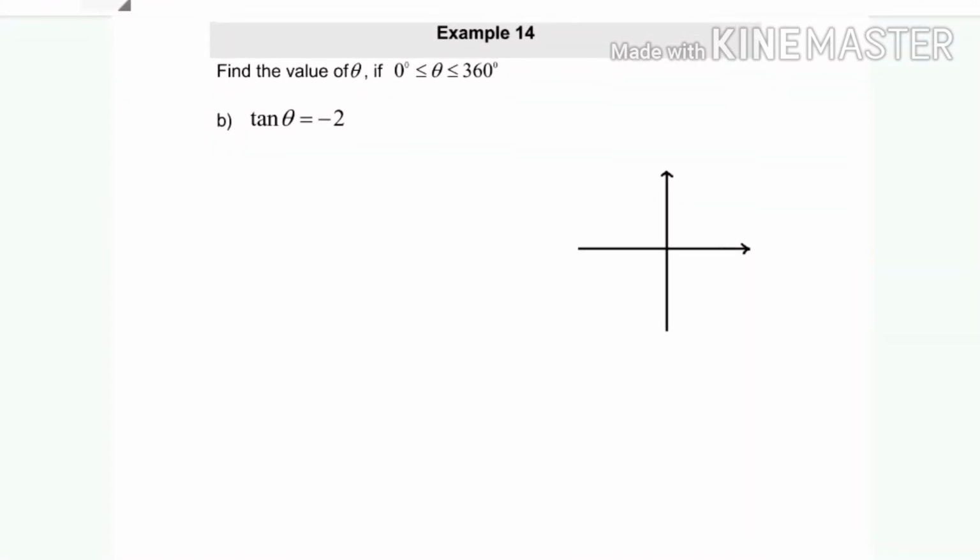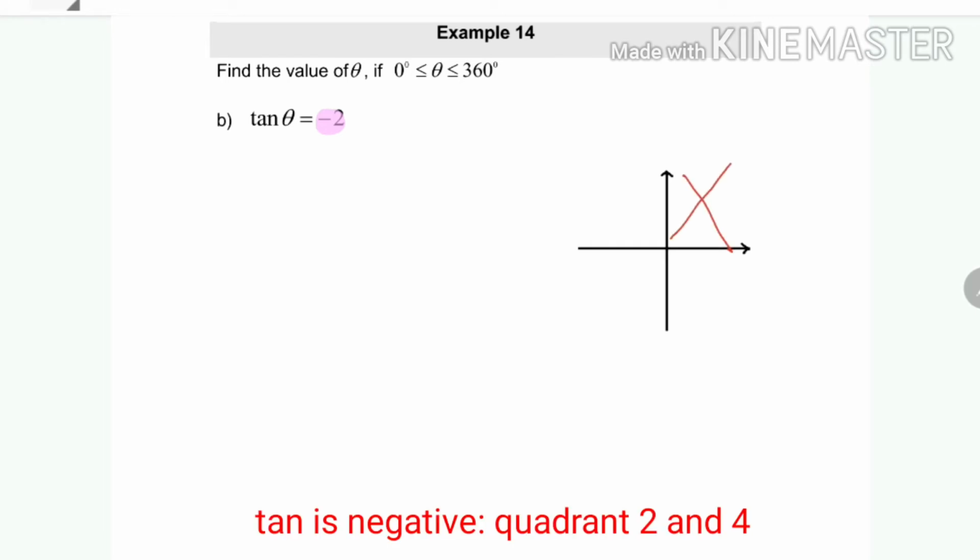Example 14b. Tangent theta equals negative 2. To solve these questions, firstly we have to consider the sign given. This is a negative 2. This is a negative quadrant. From this sign, we have to reject first quadrant and third quadrant.